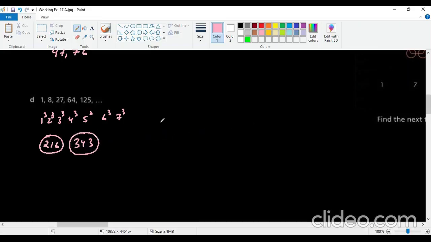These are going to be the next terms. And the rule is cube of next number.